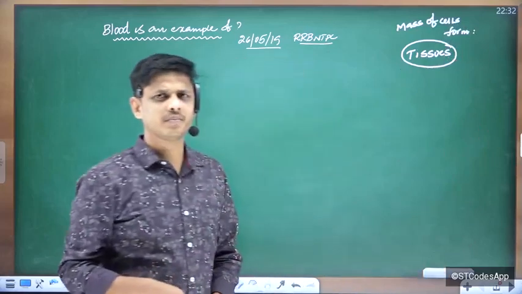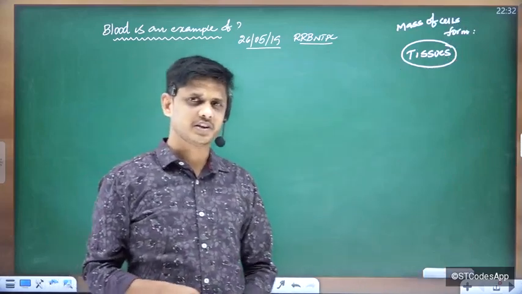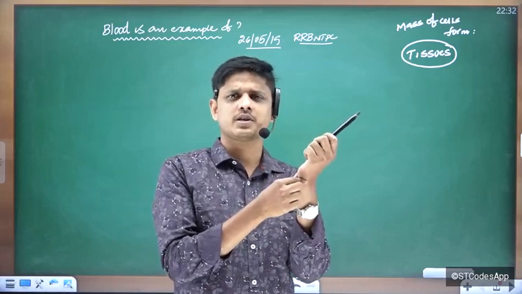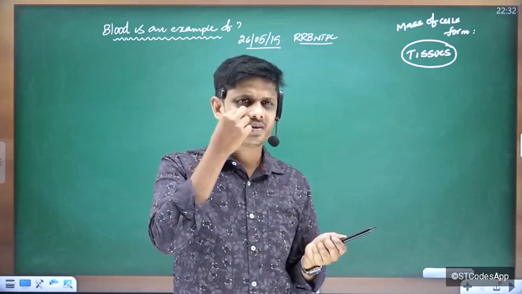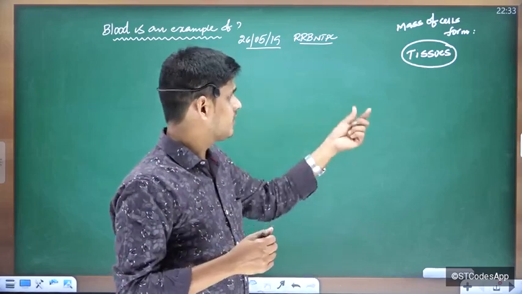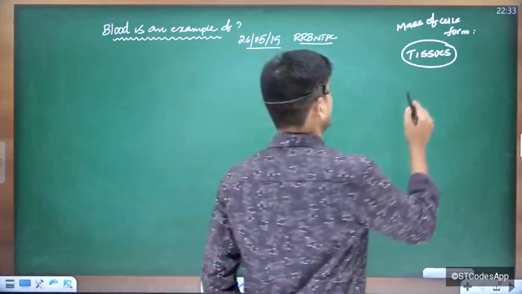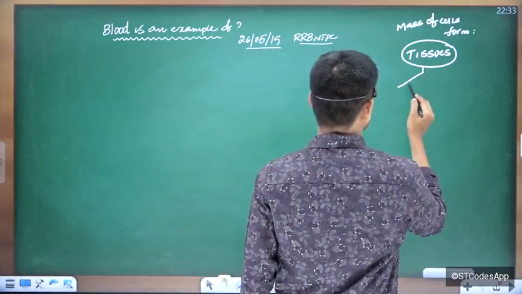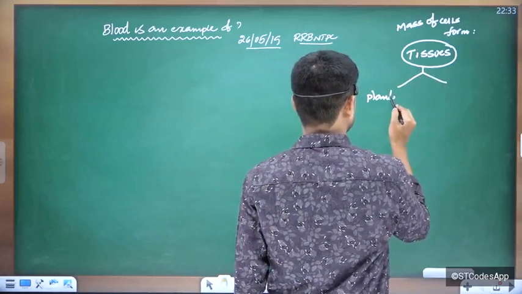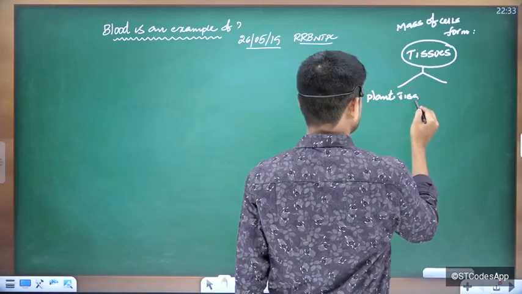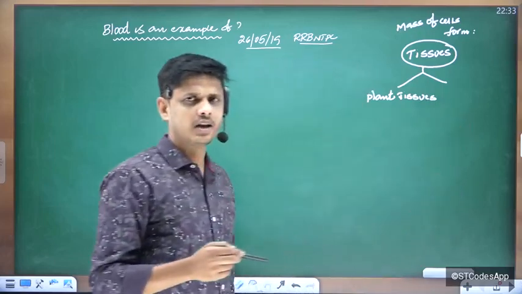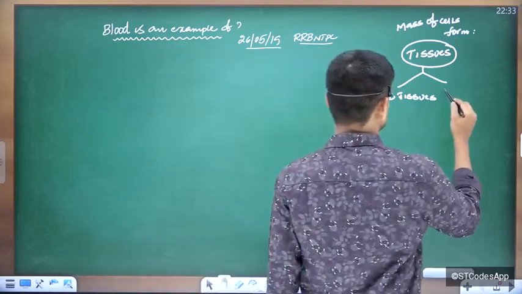For example, this is one of the tissues present in my hand, and it is also one of the tissues present in my face. Tissues can be classified based on their presence in living organisms. A few tissues come under plants, and these are called plant tissues, and a few tissues are present in animals, that is animal tissues.